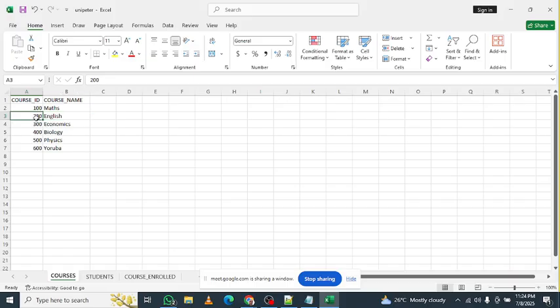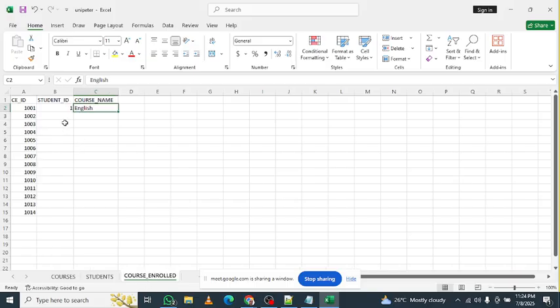Instead, I need to reference English using the ID because it's a unique key. So I'll be using the primary key, which is unique in this case. The ID for English is 200. If you look at 200, it is coming from where I have the course ID, not course name. This should be course ID.